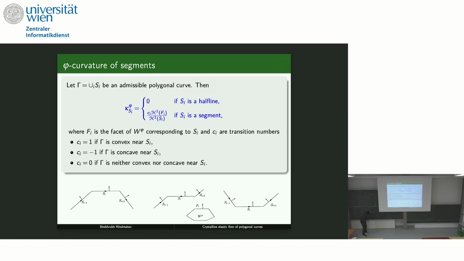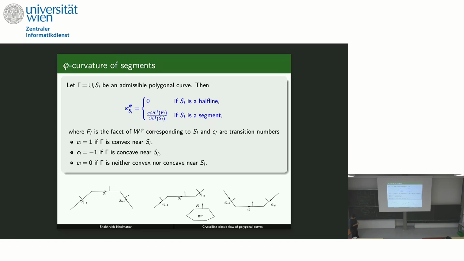And so here the divergence is 0, and in the end I get curvature 0. If it is a segment, then it is just the difference quotient of the corresponding segment of the Wulff shape, so you remember this corresponding segment, divided by the length of the segment.